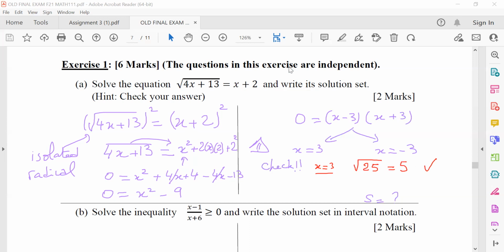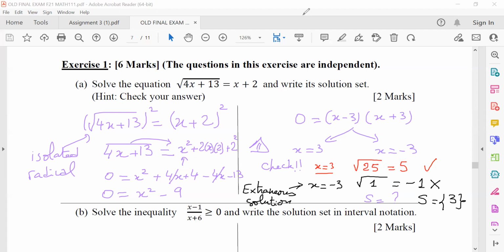For x equals negative 3, we get root of minus 12 plus 13, which is 1, equals minus 3 plus 2, which is minus 1. And this is false. So this is called an extraneous solution. Finally, the solution set S has only one solution, S equals {3}.